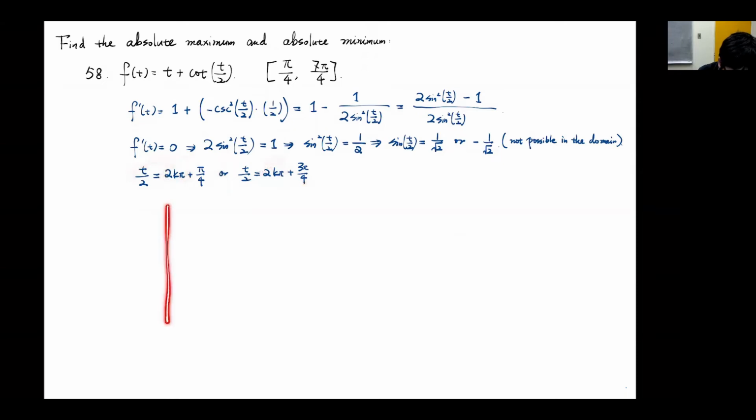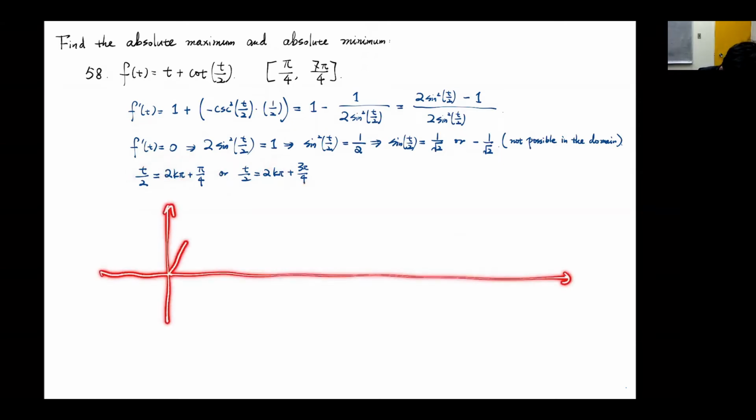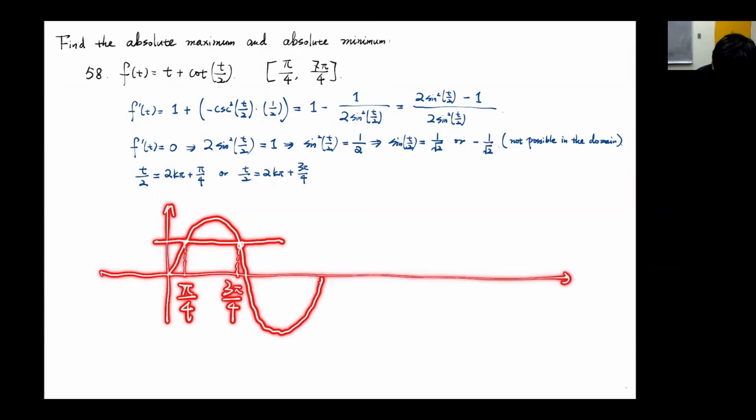First, if we have the function taking 1 over root 2 in one period, this is where the sine function takes 1 over root 2, and you'll see that this will be pi over 4 and 3 pi over 4. But notice that the sine function does not have only one period.